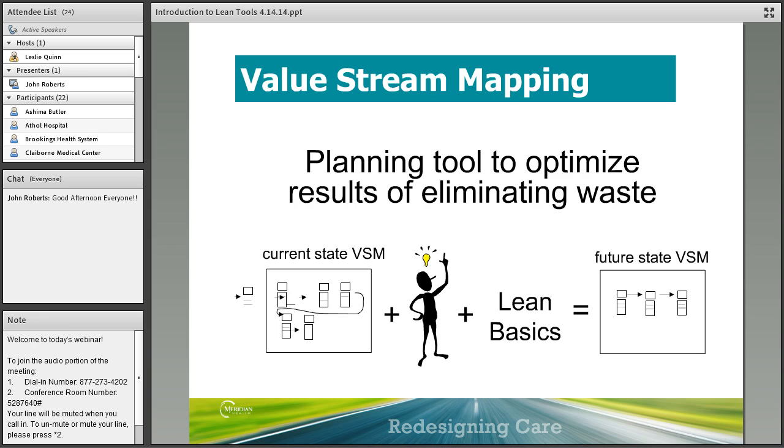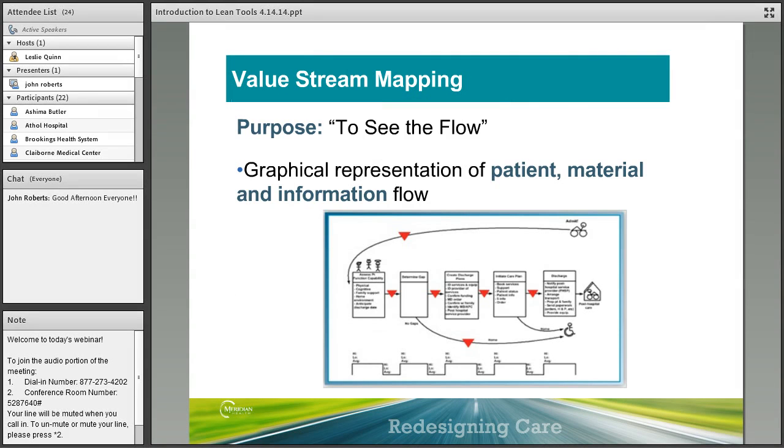The purpose of value stream mapping is really to see the flow. And one of the reasons I love it and think it's a really valuable tool is we begin to look at the flow through a graphical representation.